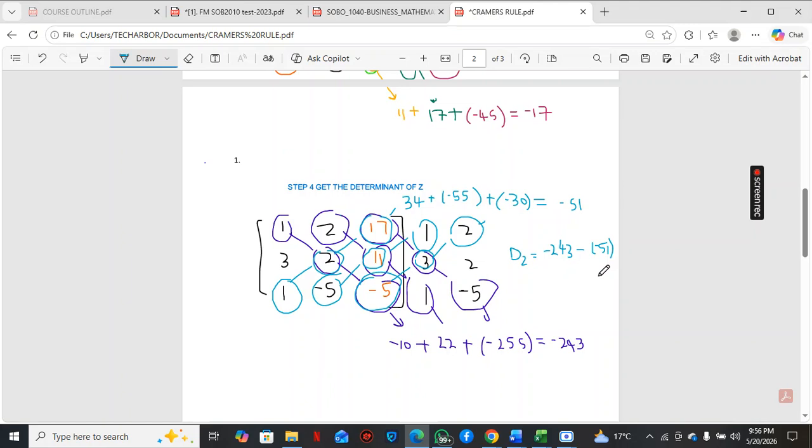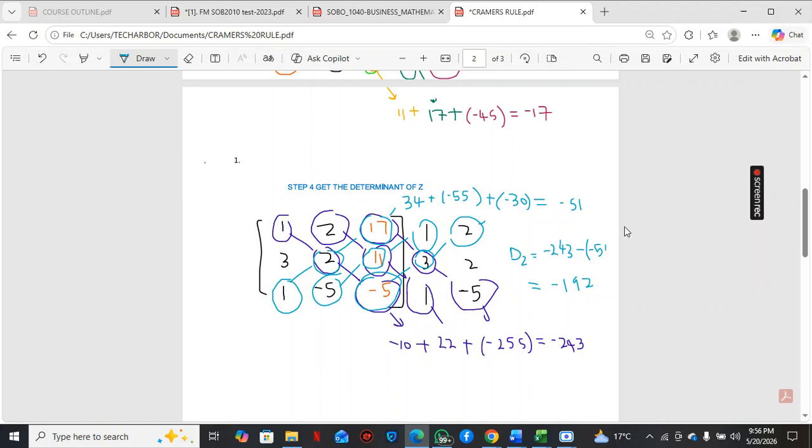So it's the same as negative 243 plus 51, because negative and negative make positive, so we get negative 192. You just put this properly for study's sake so that you don't get confused with the number that was used here.